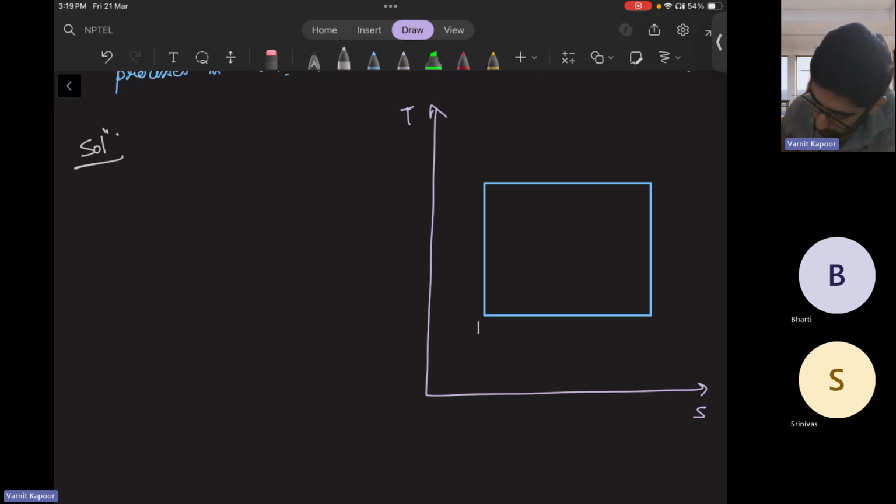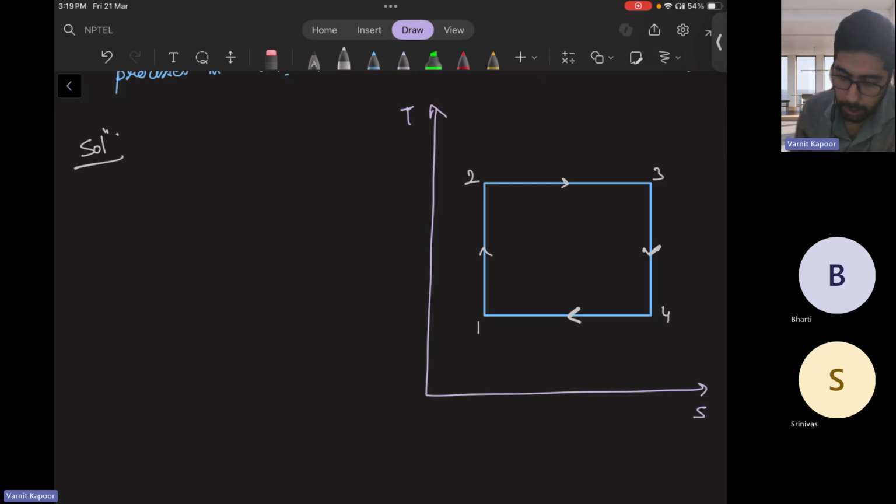So this is process 1, 2, 3, 4. Process 1 to 2 is isentropic compression. 2 to 3 is isothermal expansion, 3 to 4 is isentropic expansion, 4 to 1 is isothermal compression.